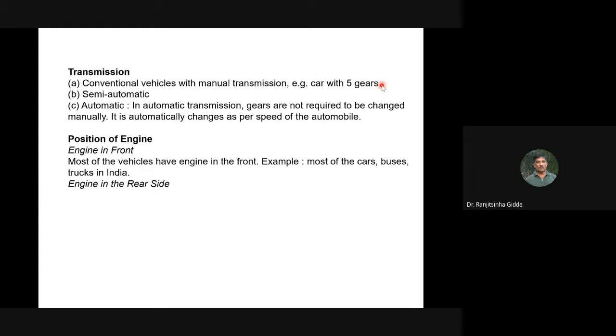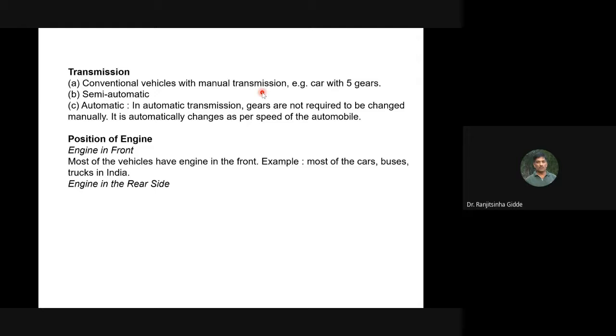So, there is automatic selection of the drive, either forward or reverse or stationary. Then the second one is semi-automatic and the third one is automatic. Semi-automatic means partially automatic. Conventional vehicles along with fluid coupling, along with torque converter, will make it semi-automatic.